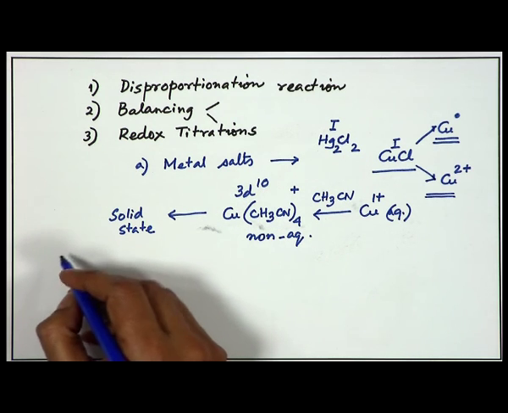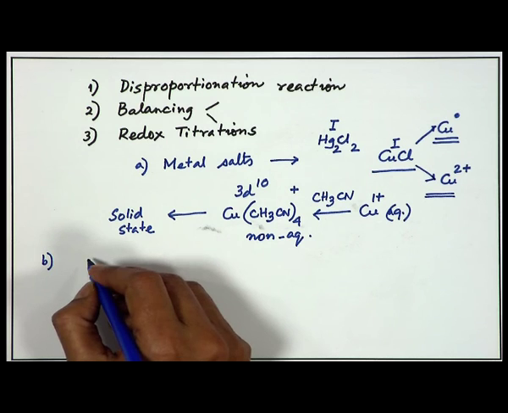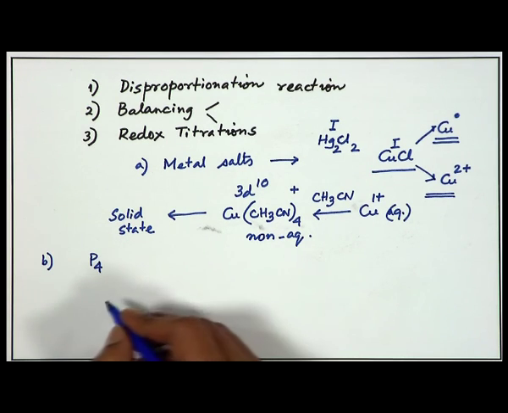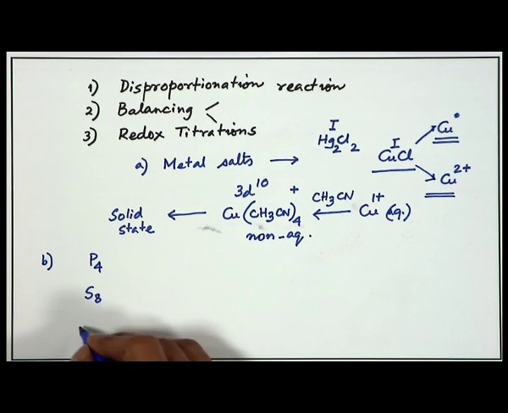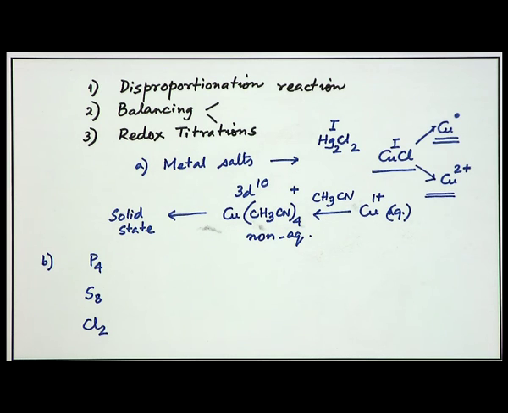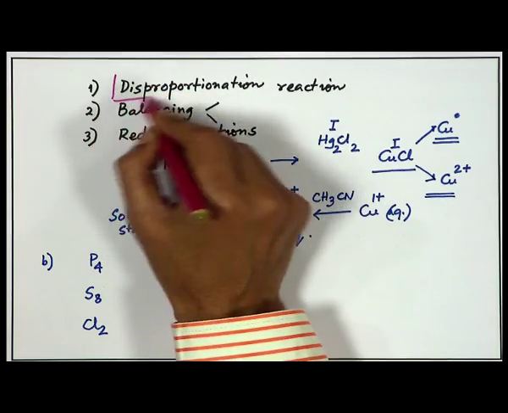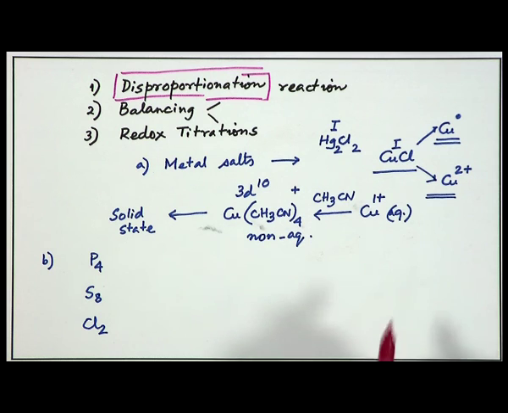Similarly, we can have species in elemental states, say P4, the elemental phosphorus, then S8, the elemental sulfur, and elemental chlorine, the chlorine gas. So, what we see is whether these species can undergo what we can term the typical disproportionation reaction.